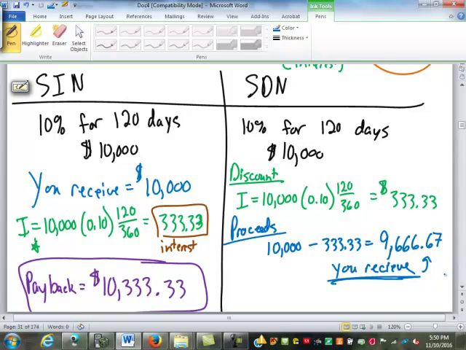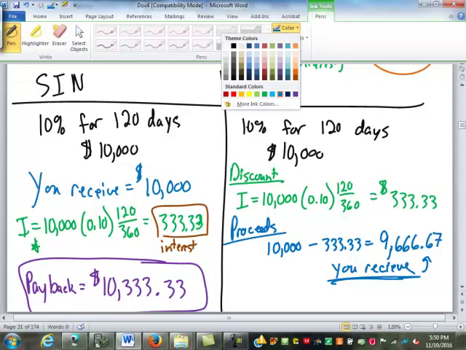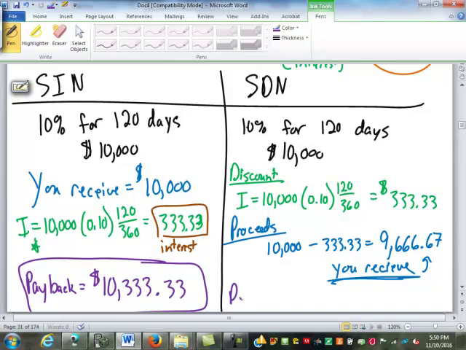That's the amount you receive. So on a $10,000 loan, you only get $9,666.67. How much are you going to pay back? $10,000. Very good.